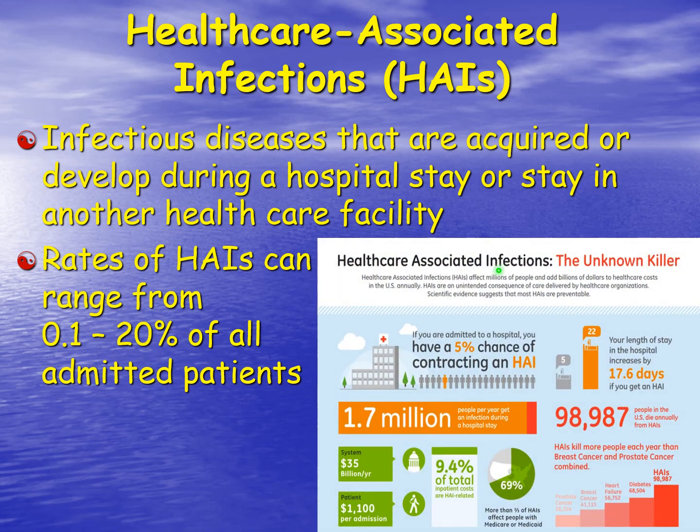If you are admitted to a hospital, you have a 5% overall chance of contracting a healthcare associated infection, something that you get from the hospital, not something you came in with. Your length of stay in the hospital increases by almost 18 days if you get one of these infections. 1.7 million people per year get HAIs while they're in the hospital.